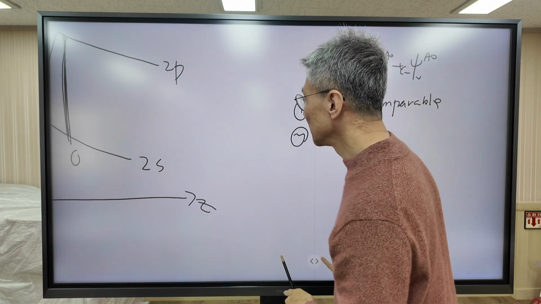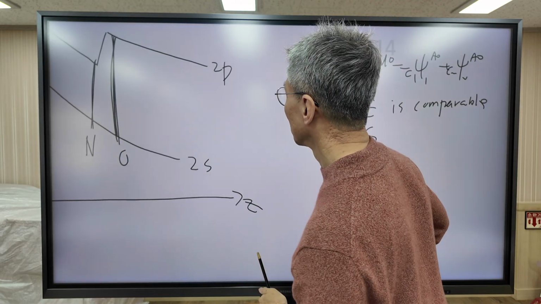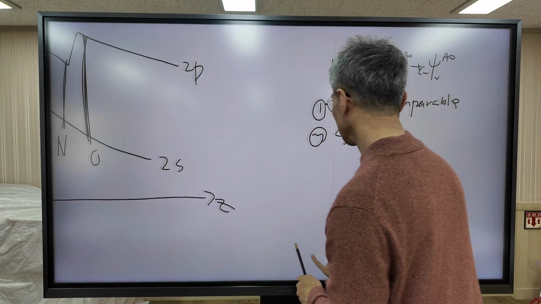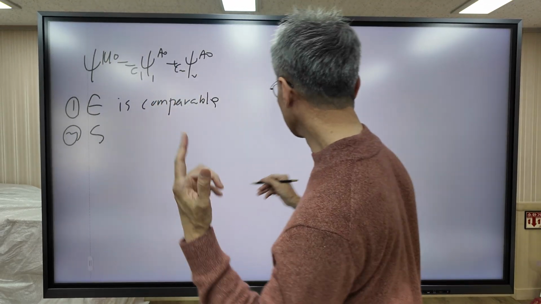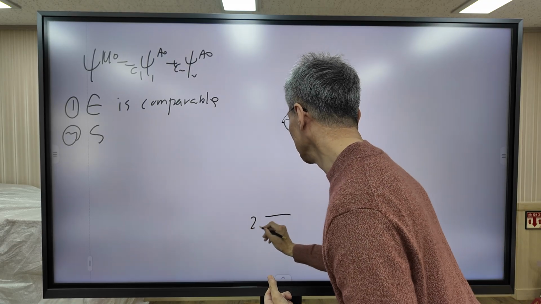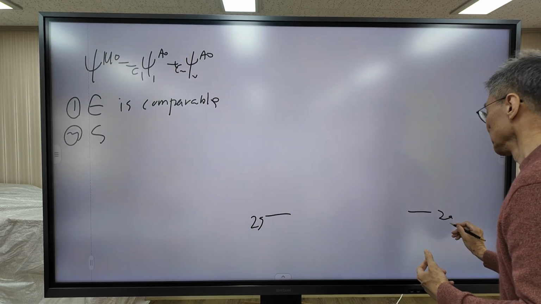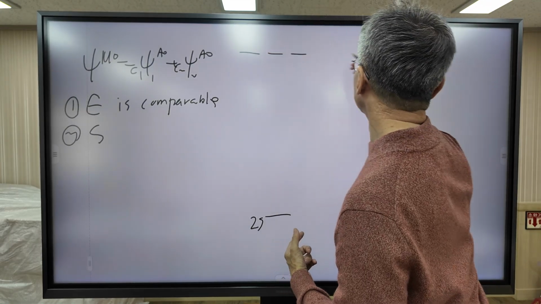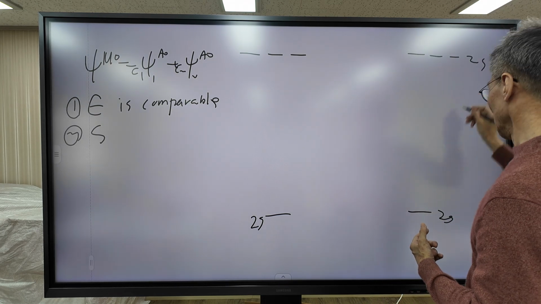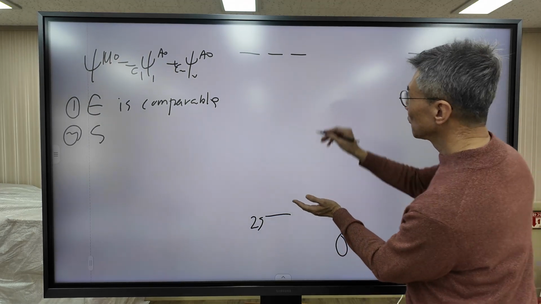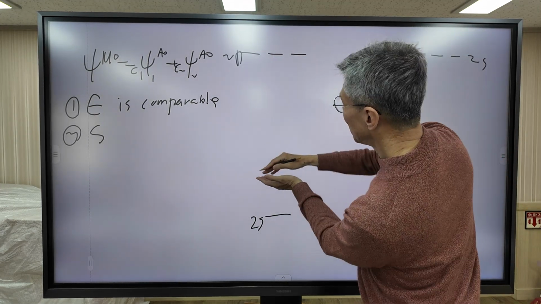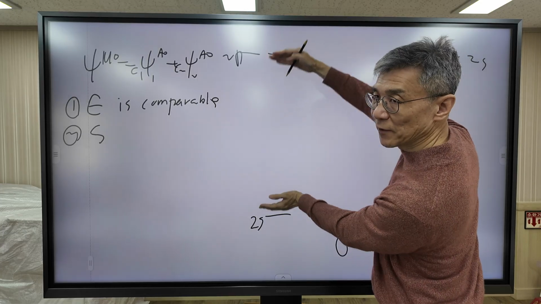But for oxygen, 2s is here, 2p is here. In oxygen, the gap between 2s and 2p is very large.